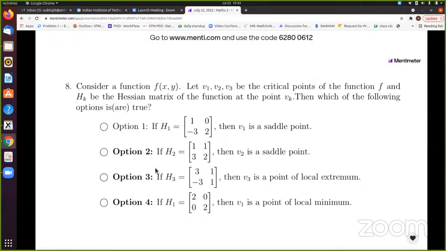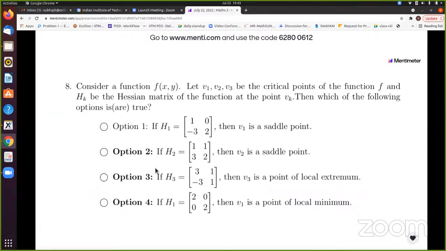What about the third point? Determinant is greater than 0, and fxx is greater than 0. So it's correct. It's a local extrema. And do you also point out, is it minima or maxima?